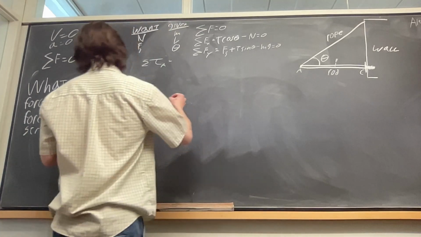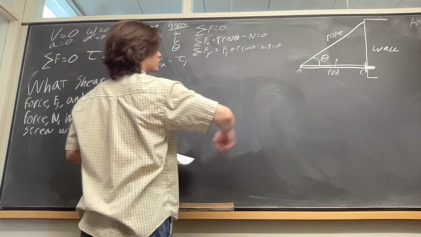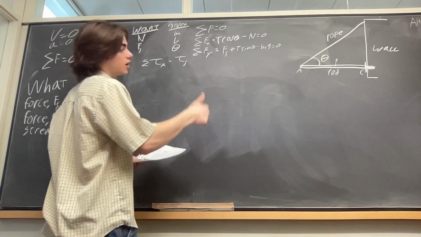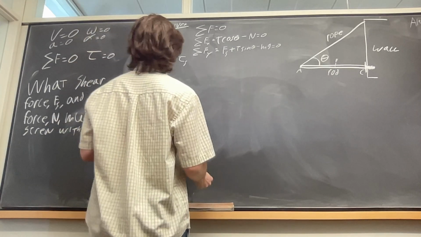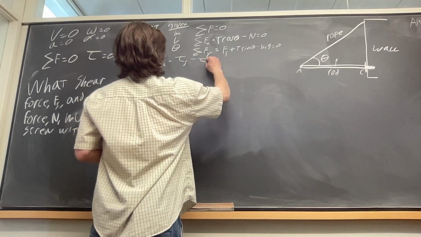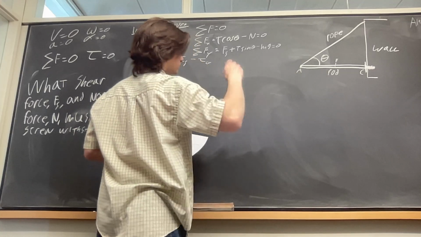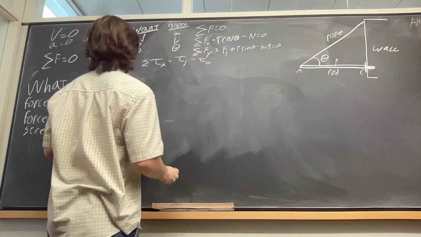The sum of the torques at A equals the torque from the shear force, which is pointing up in the counterclockwise direction, which means that's positive, minus the torque from gravity, which is gravity pulling down on the rod.